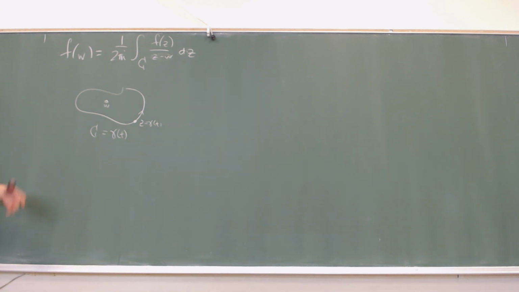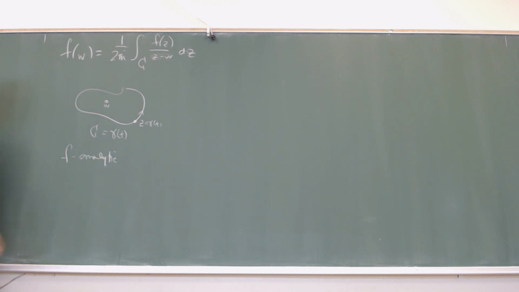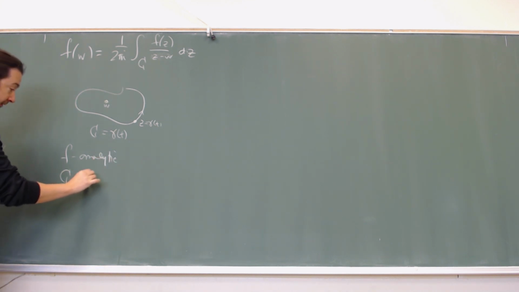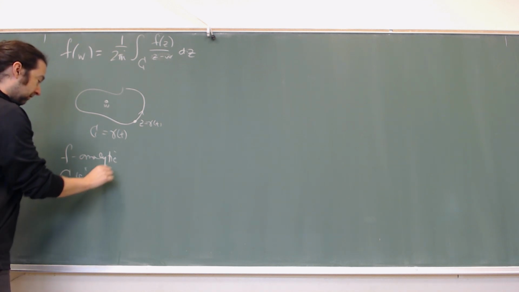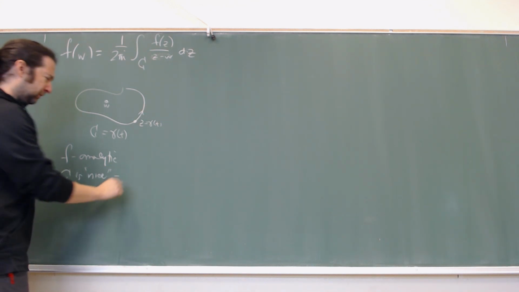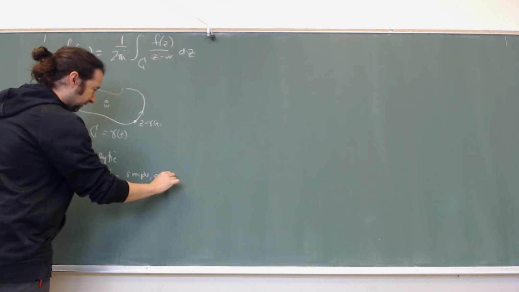And so the basic set of assumptions here is that f is analytic, C is nice. Usually what we mean by nice is that you can parameterize it with a continuous or piecewise continuous function. So nice means piecewise continuous, and closed.